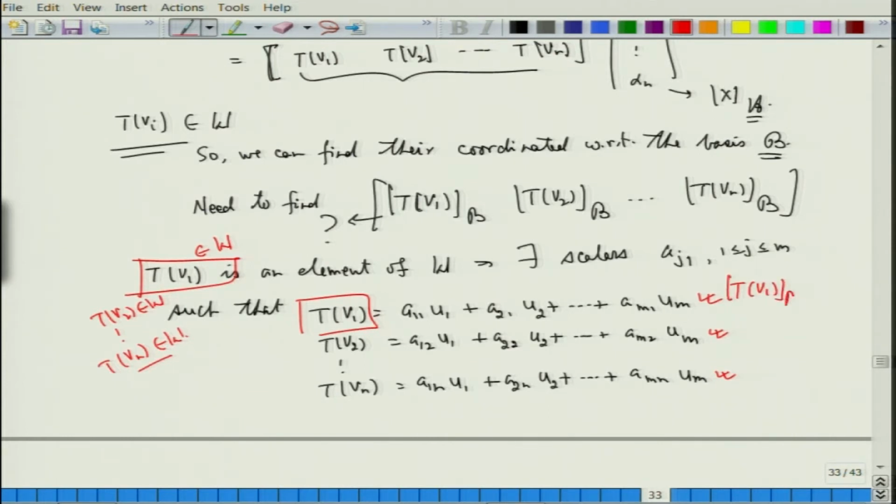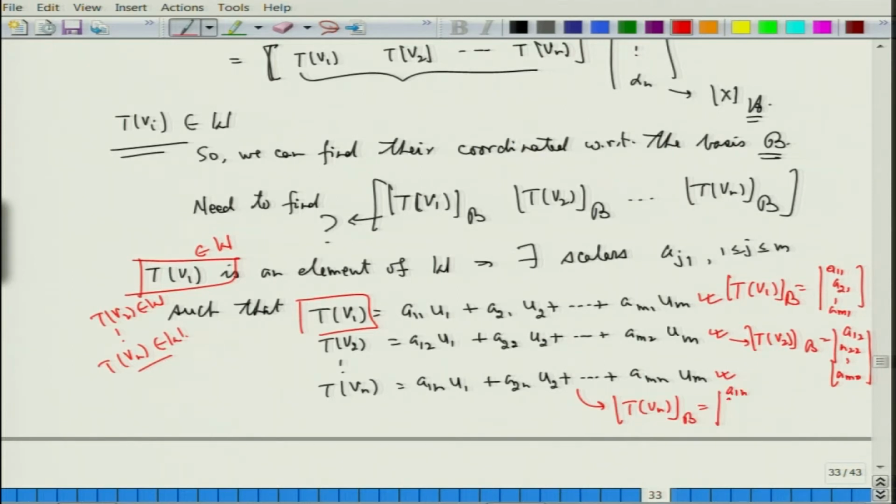in the basis B as the column A11, A21, Am1. T of V2 with respect to B will be equal to A12, A22, Am2, and T of Vn with respect to B will be equal to A1n, A2n and Amn.